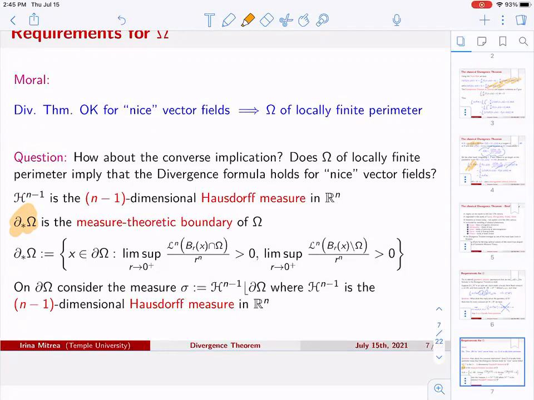So these are points on the domain omega which, heuristically, at any scale, bite a significant amount both out of the domain and out of the complement of the domain. So here you see the formal definition. And by sigma, we're going to denote the restriction of the n minus 1 dimensional Hausdorff measure in Rn to the boundary of the domain omega.